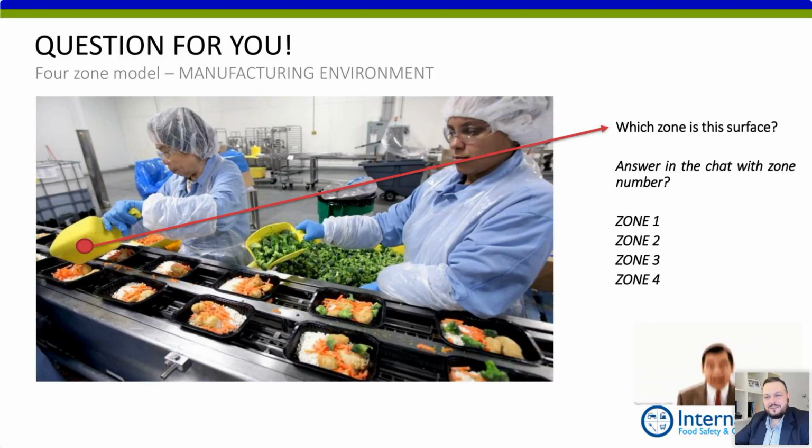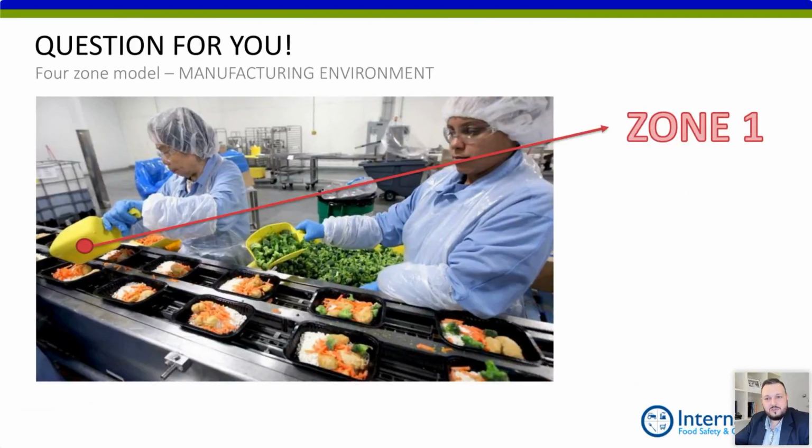But, you know, this is a handling tool, and this handling tool is in direct contact with product. It is in direct contact with product. So if we look at our rules for the manufacturing environment, definitely those who said zone 1 are right. So zone 1 is these handling tools.